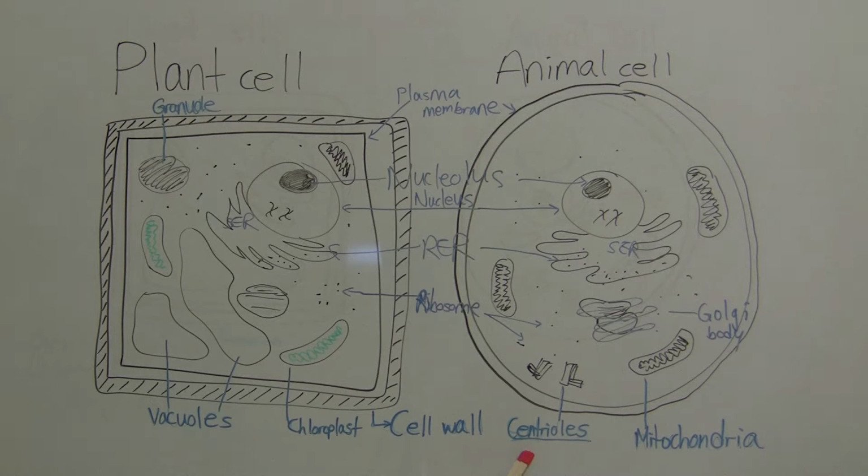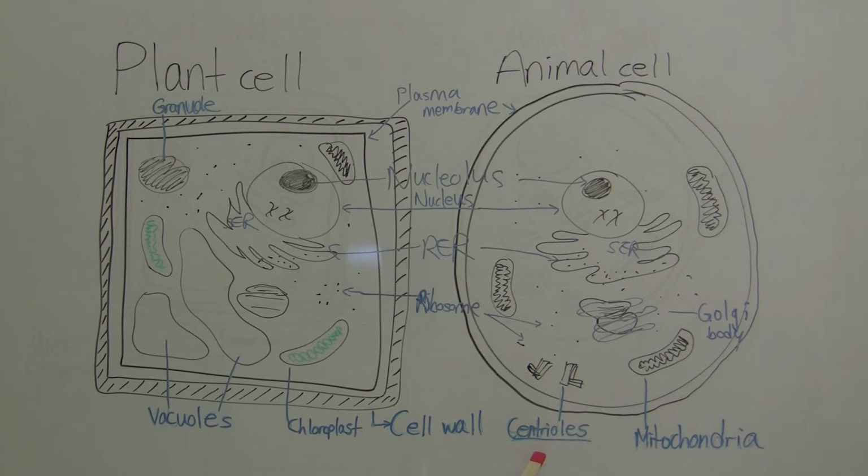And finally, the last difference, this is really not conventional, but some cells carry centrioles in animal cells. Or actually, all animal cells do, because the centriole is the organelle that allows us to produce microtubule spindle fibers during cell division for mitosis.